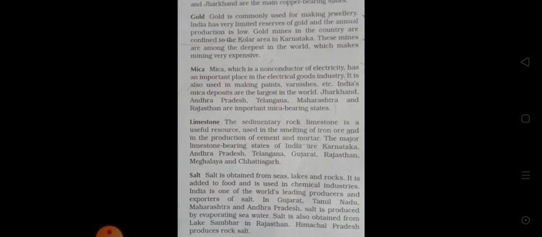It is also obtained from Lake Sambar in Rajasthan, and Himachal Pradesh produces large quantities of rock salt.